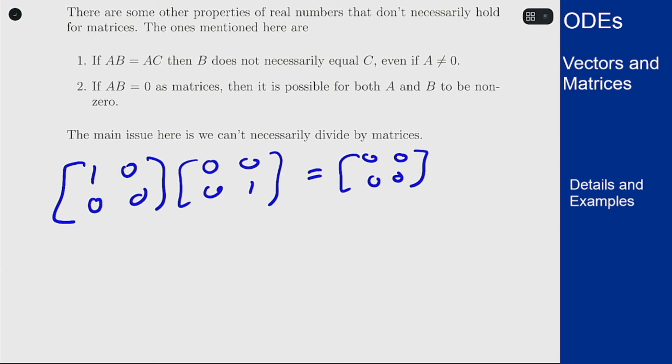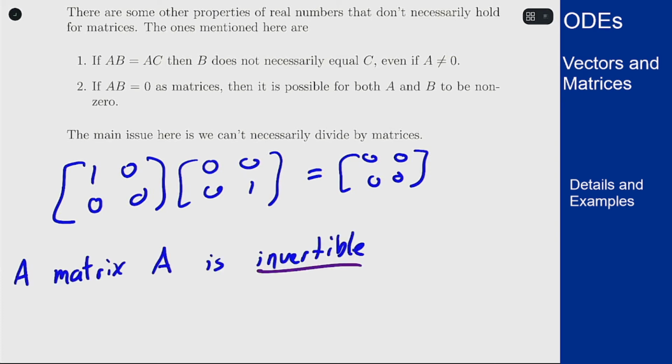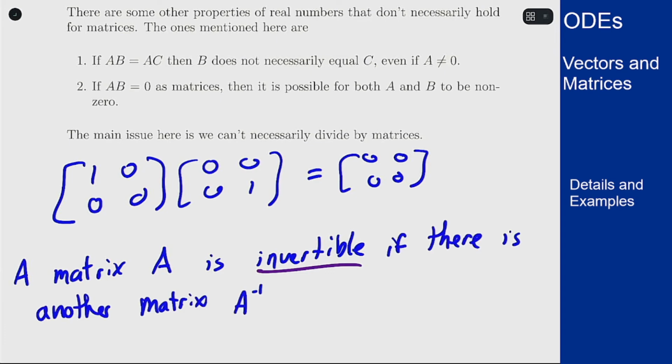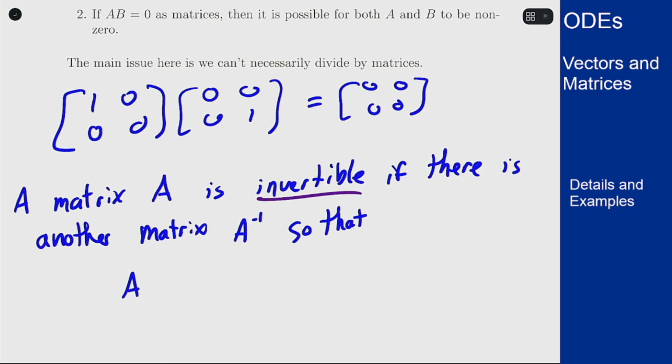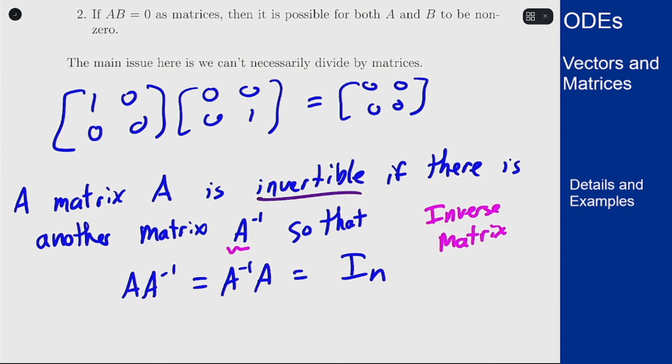So we say that a matrix A is invertible if there's another matrix A inverse, written A to the minus 1, so that if I multiply A times A inverse, or I multiply A inverse times A, I get the identity matrix. So this inverse matrix serves as our step for dividing by matrices.